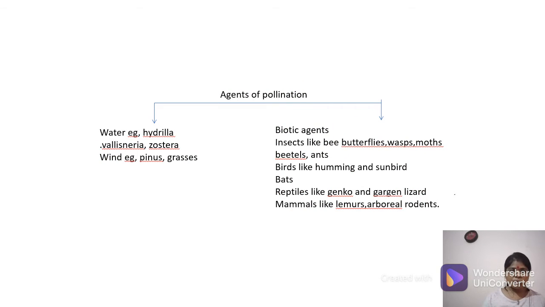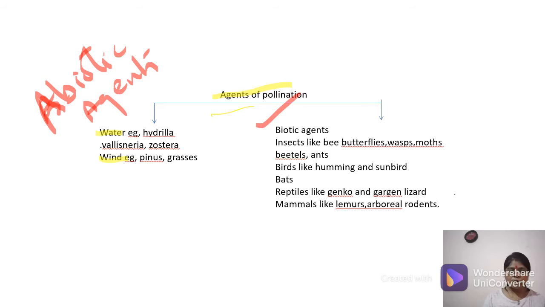As you can look here, these are the different pollinating agents. This is wind pollinated, this is water pollinated, wind pollinated. These are abiotic agents.